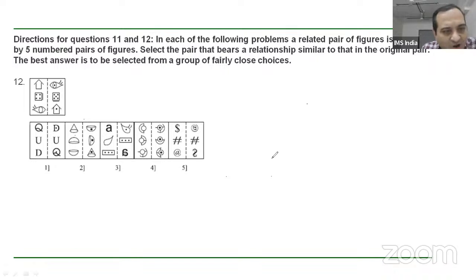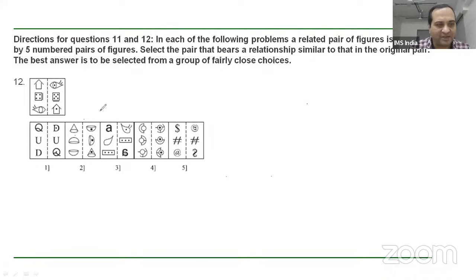Correct, correct. All are right as of now. Correct. Good, guys. Good, good. Very good, guys. Very good. I think majority of y'all have got it. So let's move on then.